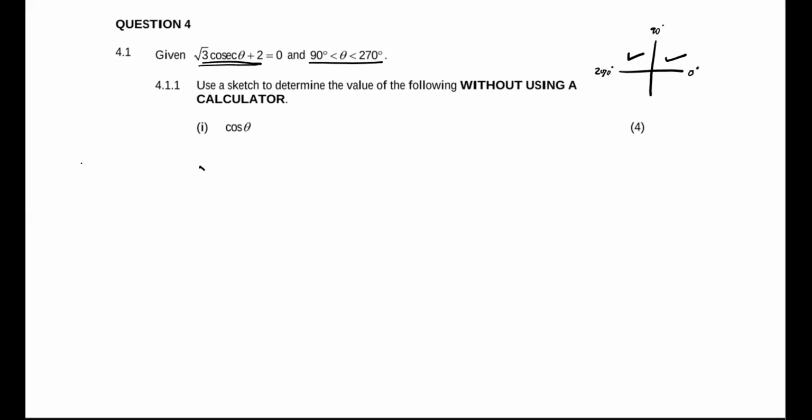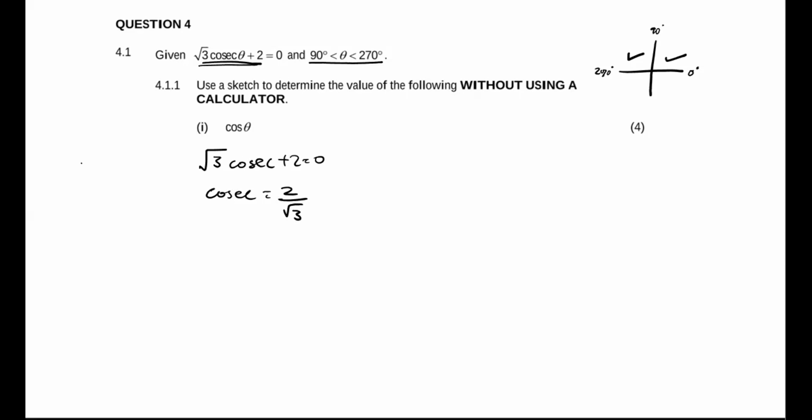So I have square root of 3 cosec theta minus 2 equals 0. So I'm going to have cosec theta being equal to 2 over square root of 3.